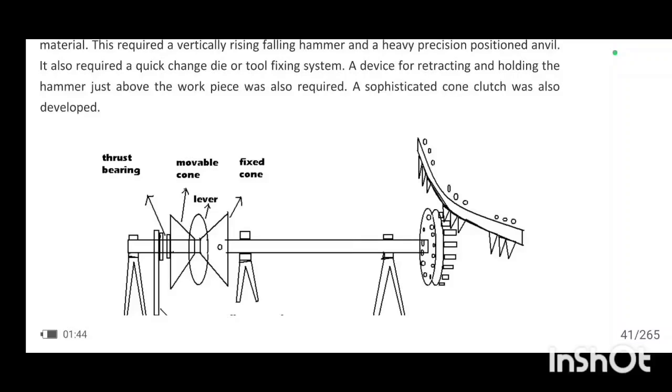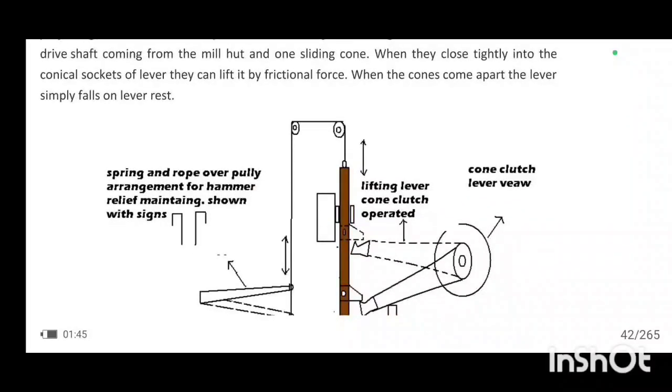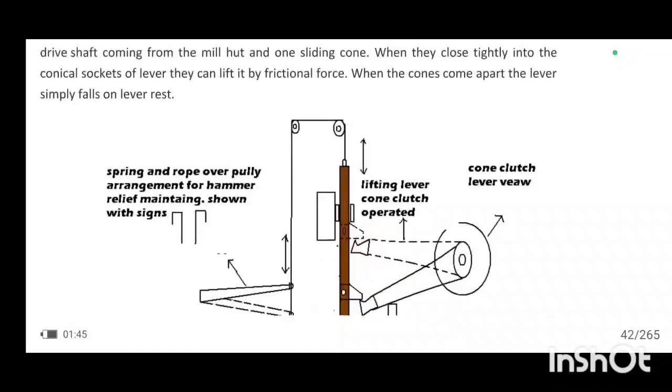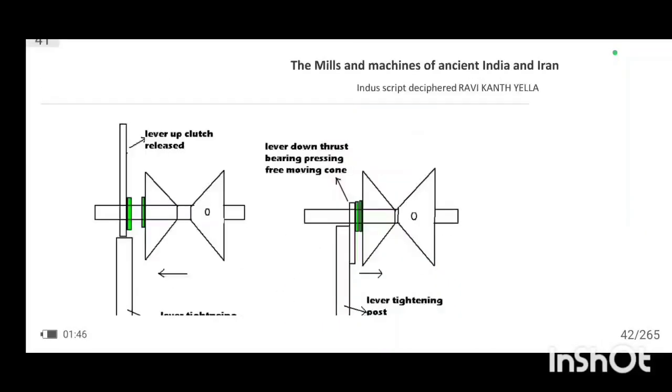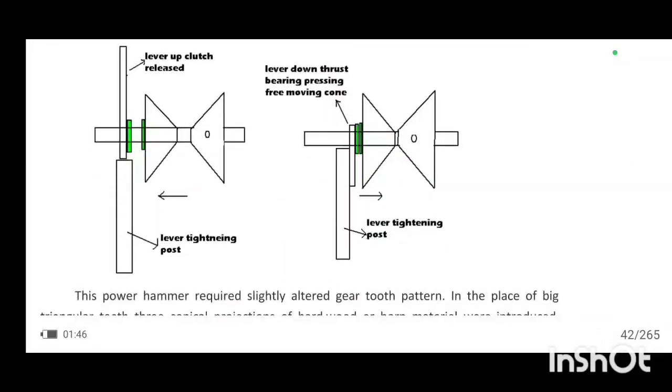You can see a set of 3 teeth and gaps causing reciprocatory motion in that hammer. Here is the friction cone assembly.